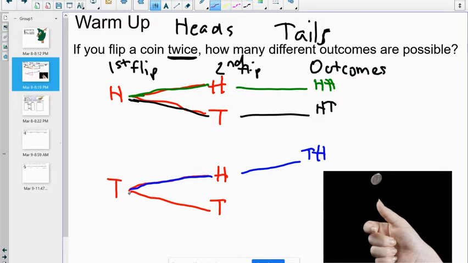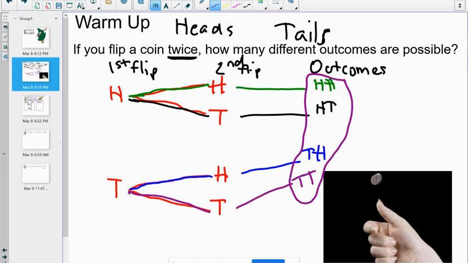And it just keeps going all the way through. And tails. So these are our 4 different outcomes here. In your homework, I'm pretty sure it calls it sample space. That's what it's referring to, these outcomes here. So we have 4 different ones, because if you add up 1, 2, 3, 4. Again, feel free to pause or rewind if you feel like you need to watch it again.